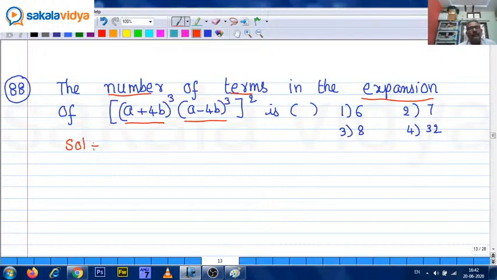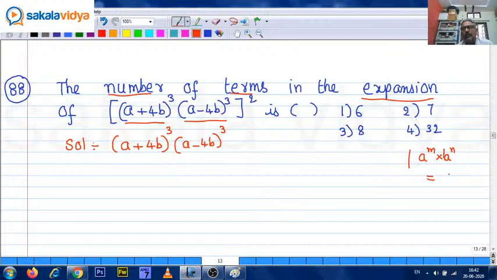Solution: a plus 4b whole cube and a minus 4b whole cube. We have the basic algebra formula a to the power of n into b to the power of n is a multiplied by b whole to the power of n.